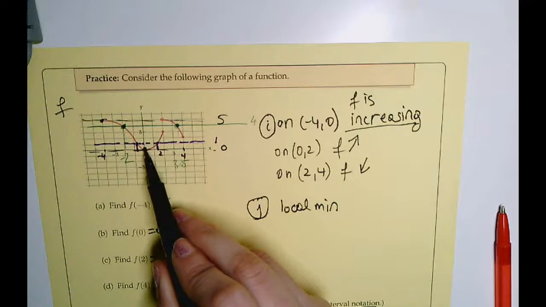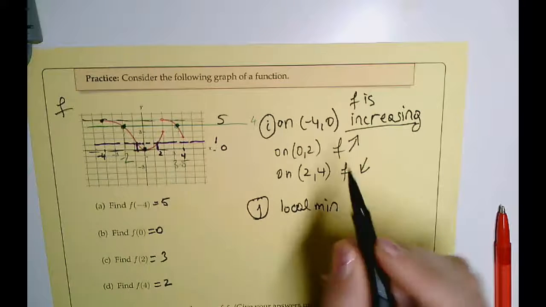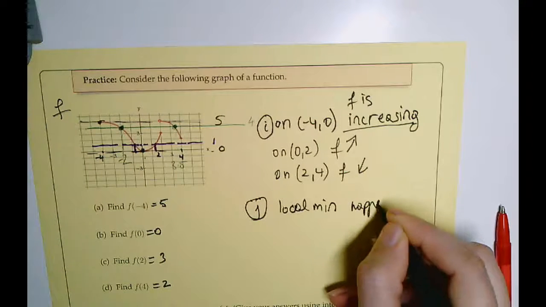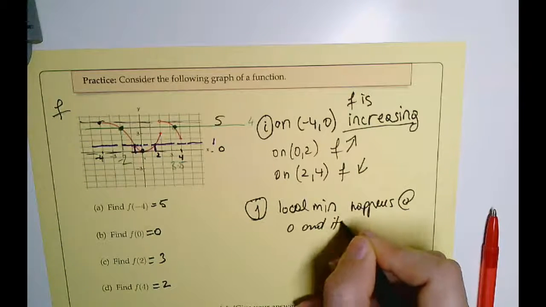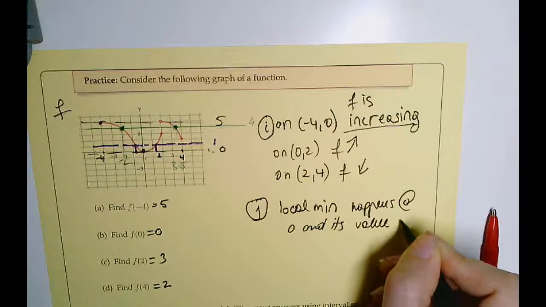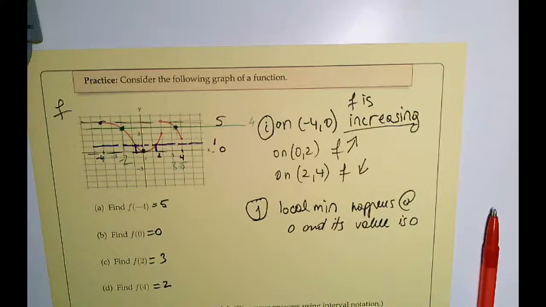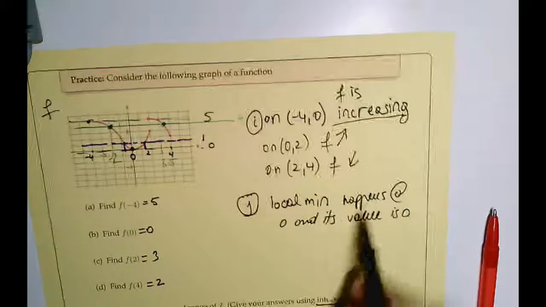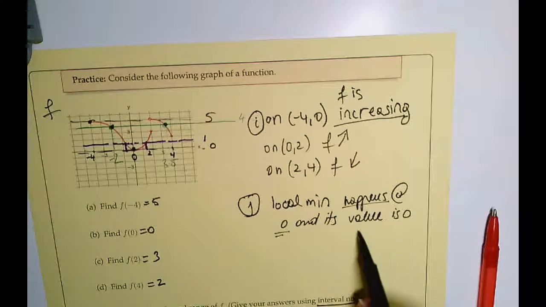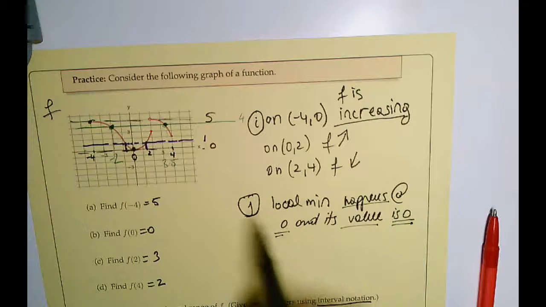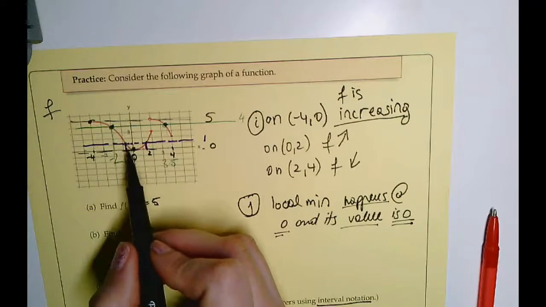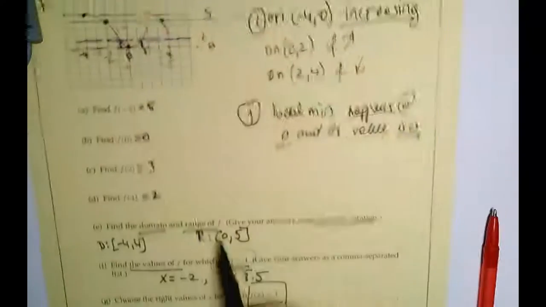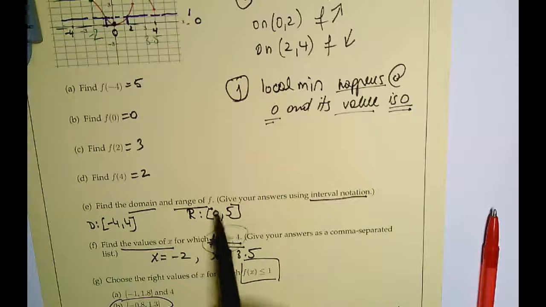The local min is going to be 0, and it happens at 0. So it happens at what x value, and its value is what y value. Since this right here is (0, 0), the min happens at 0 and its value is 0. Which makes sense because the range is from 0 to 5, so the minimum value should be 0.